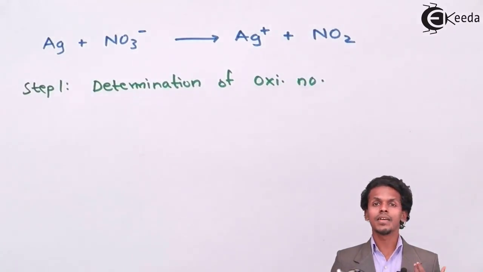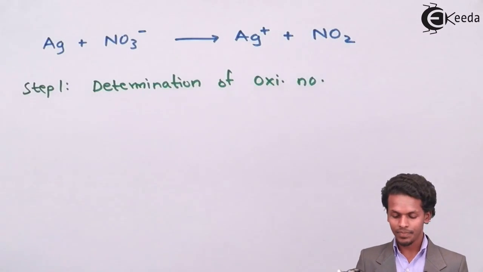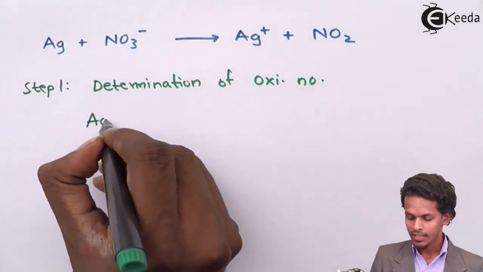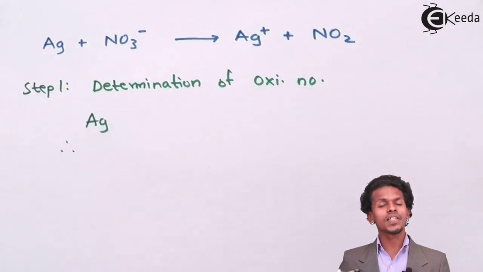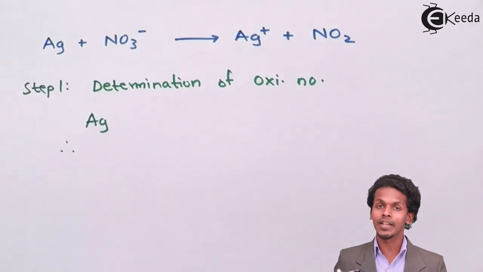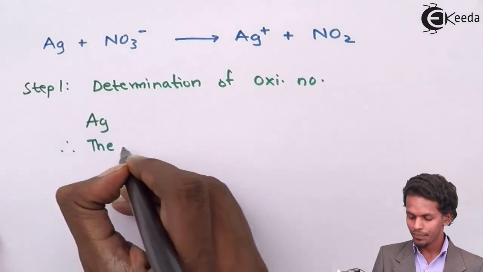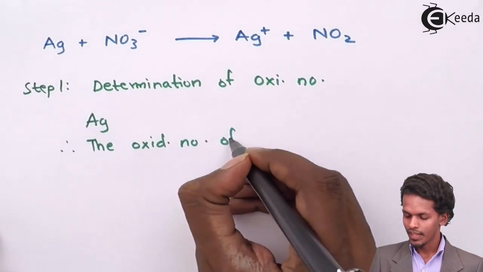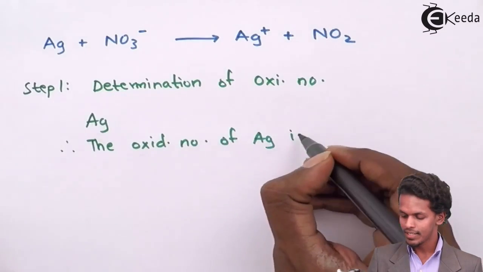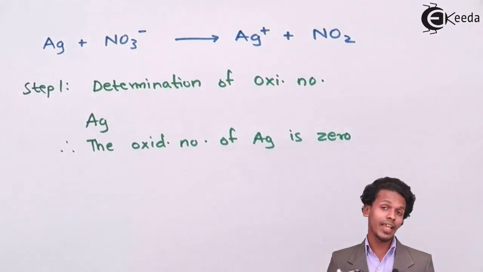In this case, the oxidation number of Ag on the reactant side is 0 because there is no charge, either positive or negative, present on the silver atom. So the oxidation number of Ag is 0, while that of NO3 we have to calculate.